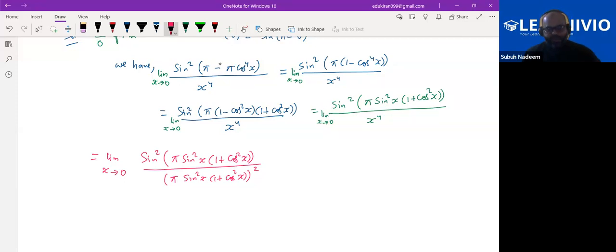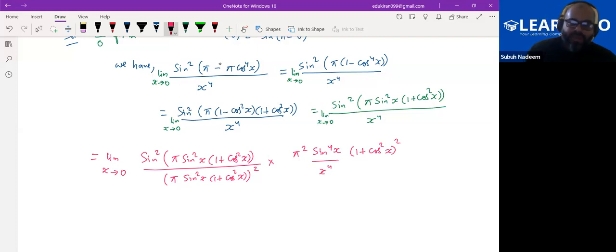So this is one thing. Now we can't do it on our own. We have to multiply with this also. So pi square sine to the power 4x, this is sine square x whole square. So sine to the power 4x into 1 plus cos square x whole square upon this x to the power 4. So we can write it like this, right?